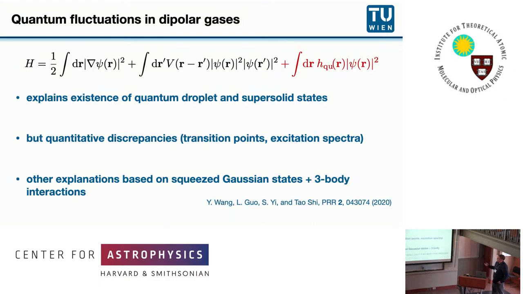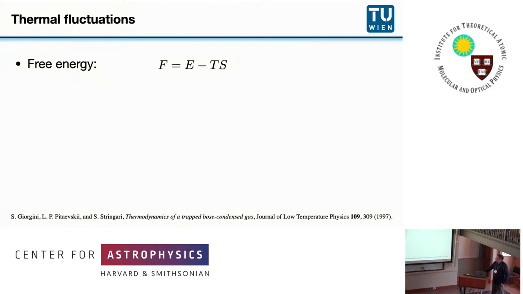And so what we did recently, and I just want to throw this in as context, is to try to find more evidence or test this idea of describing interactions only with fluctuations by looking at other fluctuations, like thermal fluctuations. They can just be added within the same theory, and that's what I briefly want to go through. So now we go away from the ground state and add a small but finite temperature.